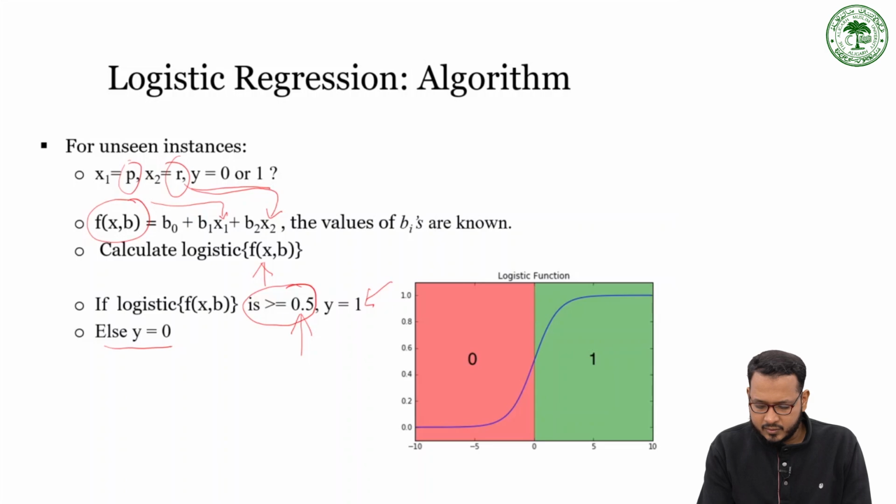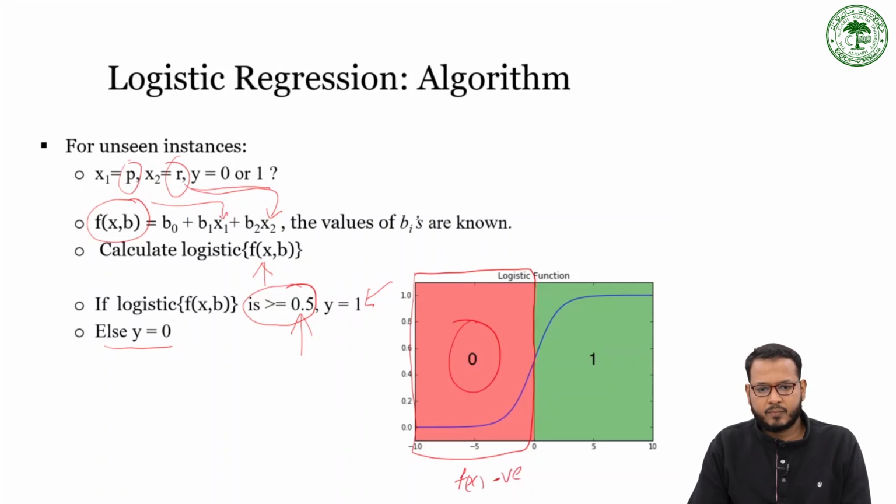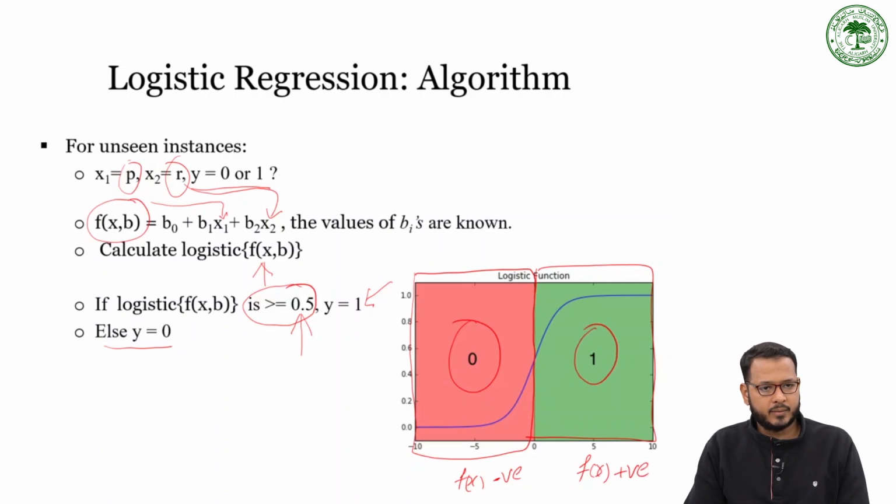So in all this region where f(x) is negative, the corresponding class would be 0, and in all this region where f(x) is positive, the corresponding class would be 1.